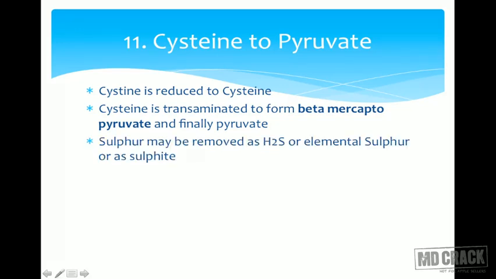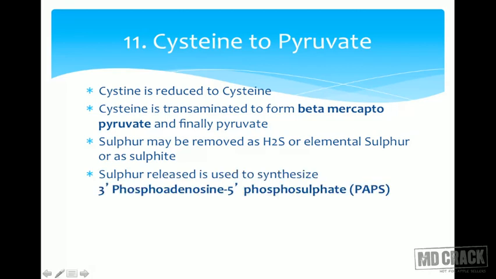Now the importance of cysteine is that it can release sulfur as elemental sulfur or a sulfite, and this sulfur is used to synthesize an important compound called 3'-phosphoadenosine 5'-phosphosulfate. Big name, better known as PAPS. PAPS is involved in the formation of sulfolipids, sulfoproteins, or wherever sulfur metabolism is involved.